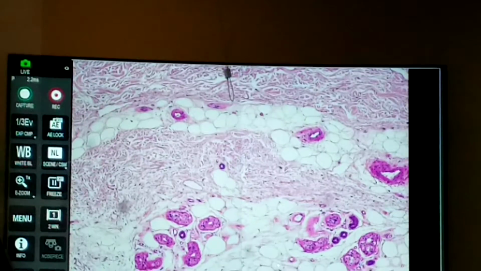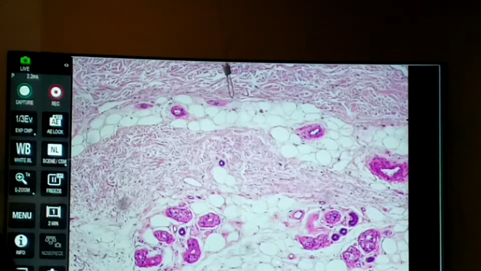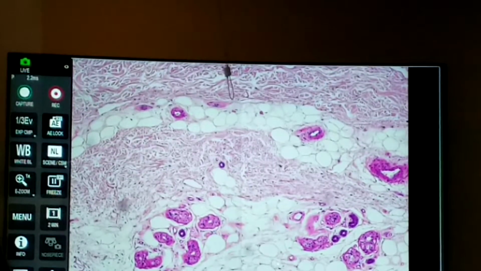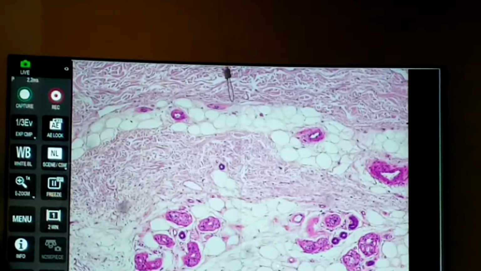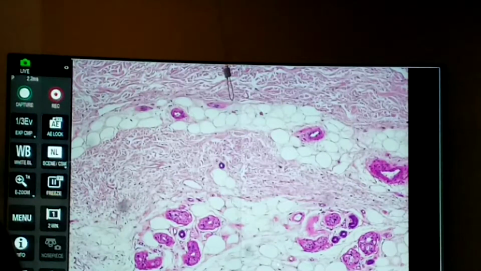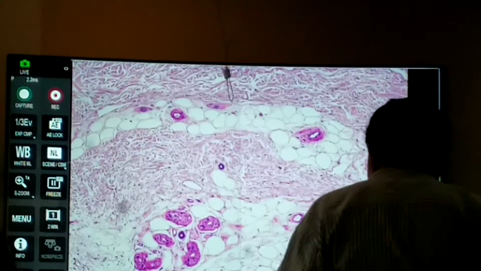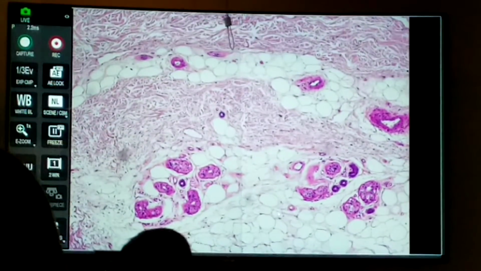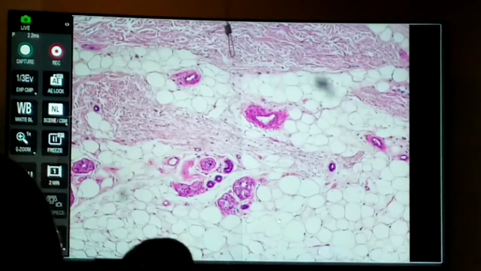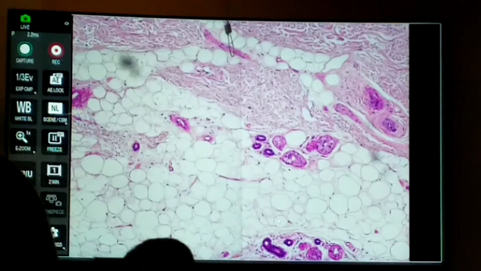You have to convert this 2-dimensional image that you see on the slide into a 3-dimensional image that exists in real life. So you can see that there are multiple sweat glands or clusters of glands here.